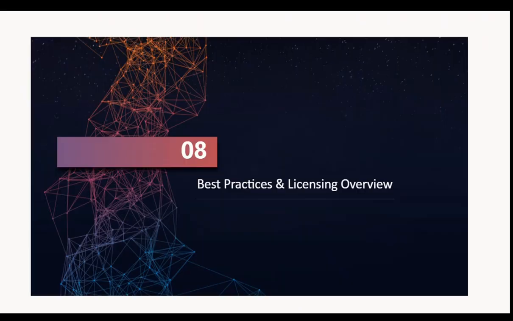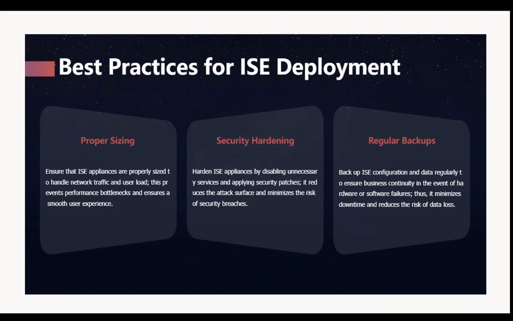Then lastly, the best practices and licensing overview. The best practice for ICE deployment is proper sizing. You have to ensure that ICE appliances are properly sized to handle the network traffic and user load, which prevents performance bottlenecks and ensures a smooth user experience. Security hardening is very important.